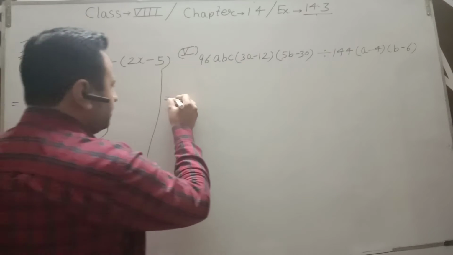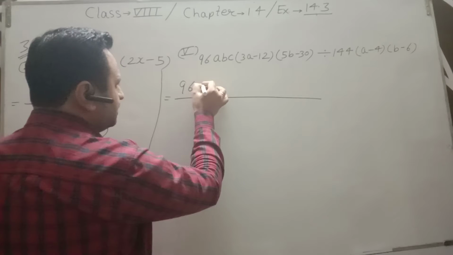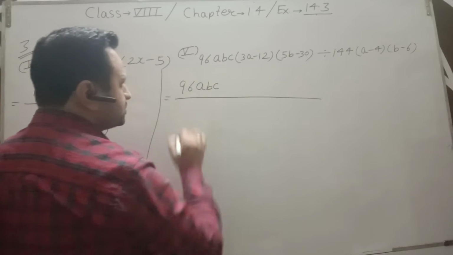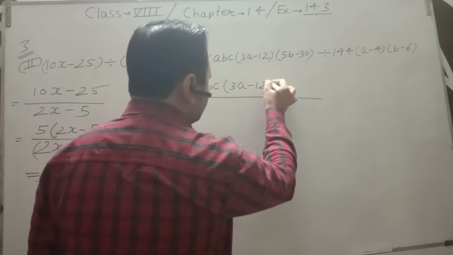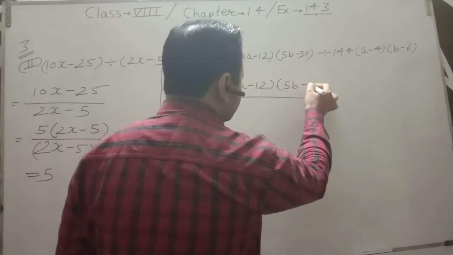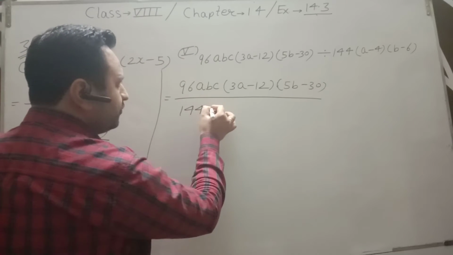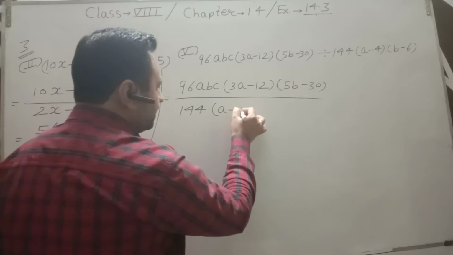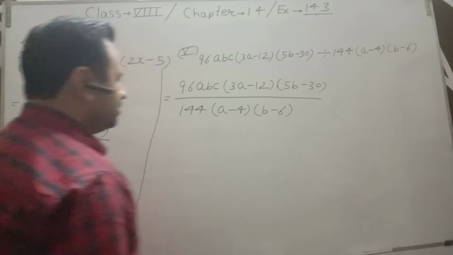Firstly we note down 96 into a into b into c into (3a minus 12) into (5b minus 30) in the numerator, and 144 into (a minus 4) into (b minus 6) in the denominator.